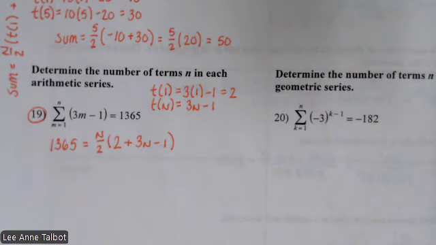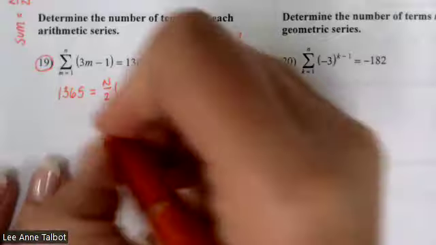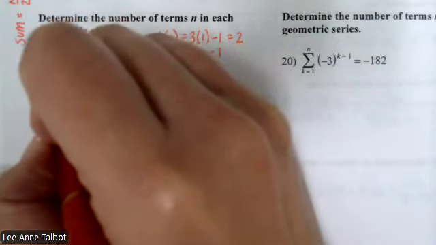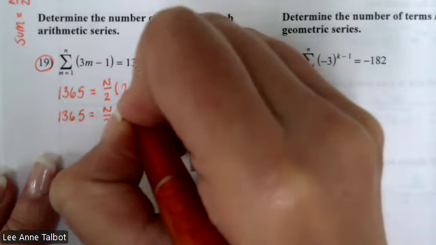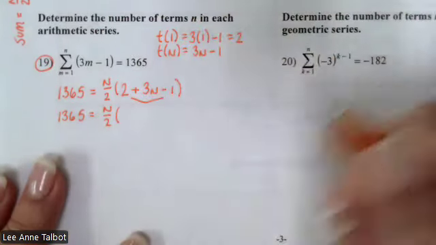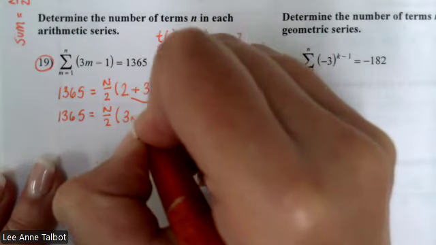This is that old quad formula one you love so dearly. Okay, so 1365 equals n over 2. And the first thing I do is combine the 2 and the -1, so I'm going to go 3n plus 1.